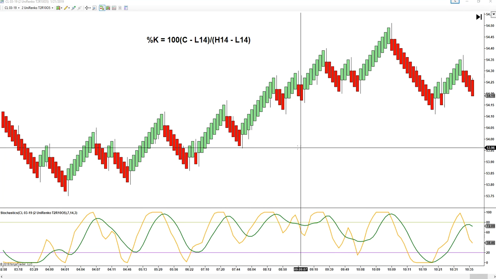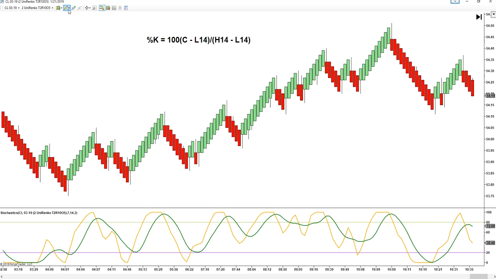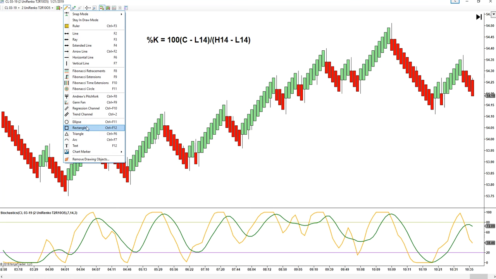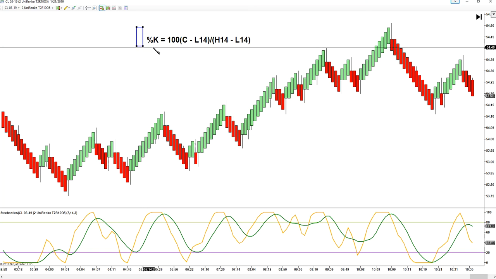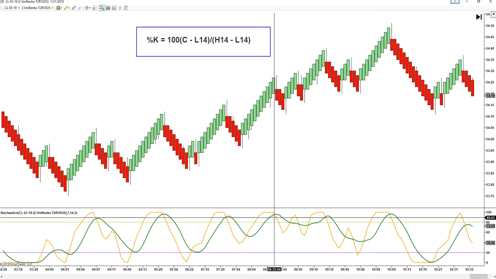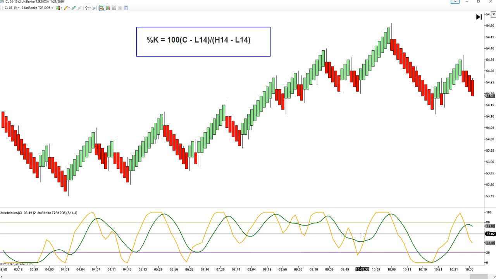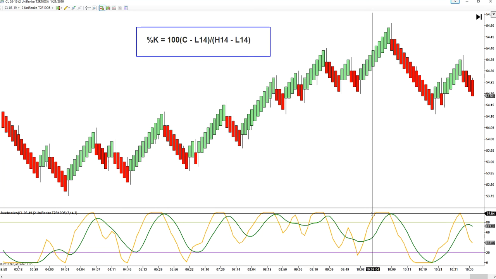Now, every oscillator really has essentially variations of the following formula. They produce a percent K line, which is this gold line. The percent K line is an assessment of momentum.